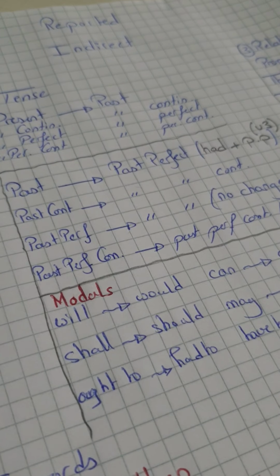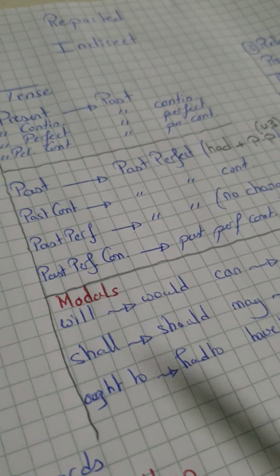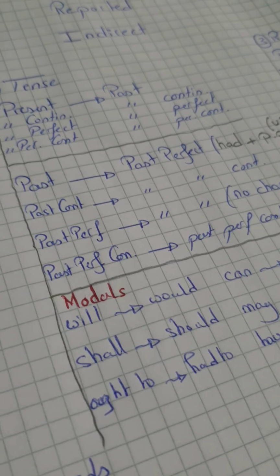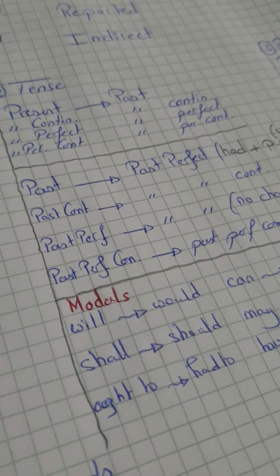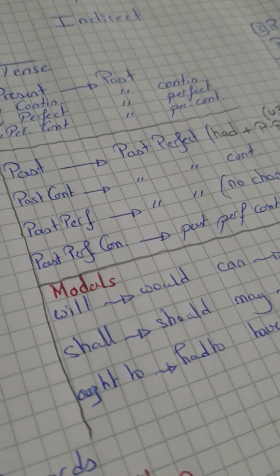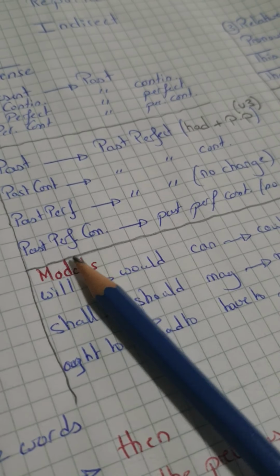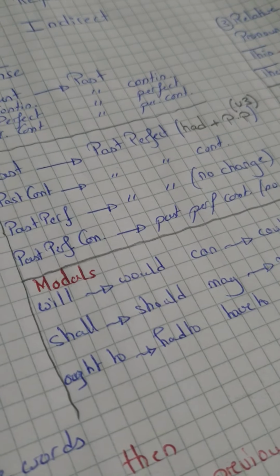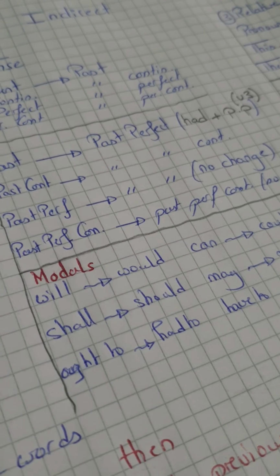Let's say Rima said, open quotations, "I had watched this movie before." If I want to report it, I say, Rima said that she had watched this movie before. I changed nothing. Okay, and similarly is the case with the past perfect continuous, no change. So the verbs stay as they are because you cannot change had to had again.